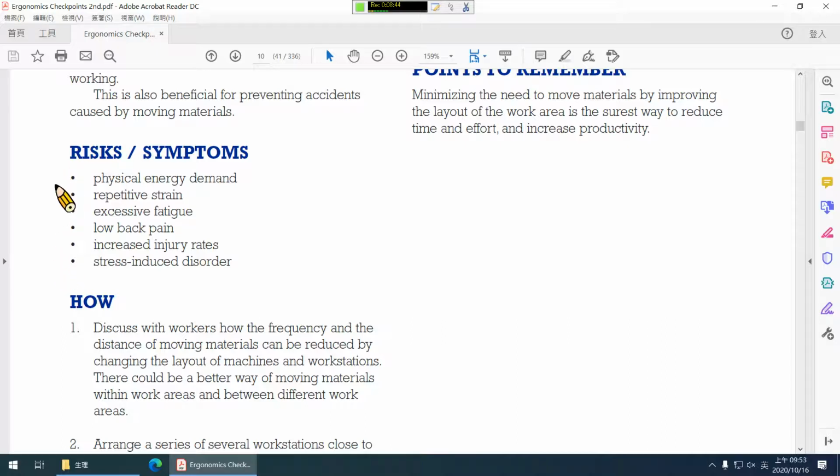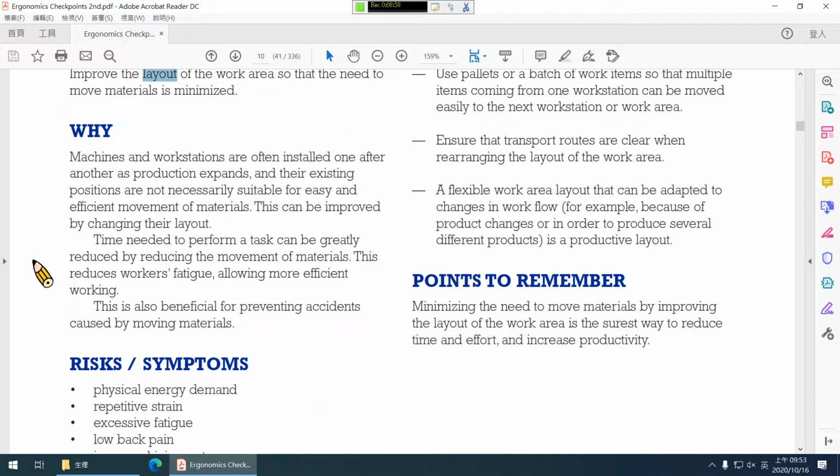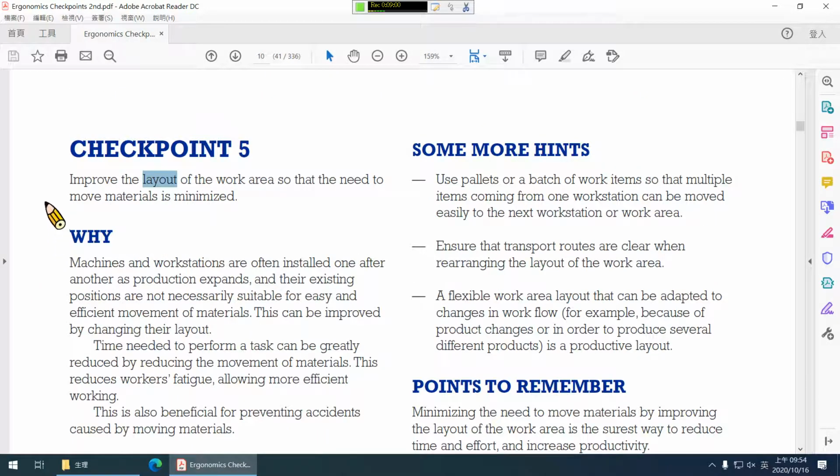It is not very clear how to quantify the relationship between a poor layout and all these ergonomics problems. However, it is very easy to quantify whether the layout optimizes efficiency, optimizes productivity, whether the layout increases quality performance.